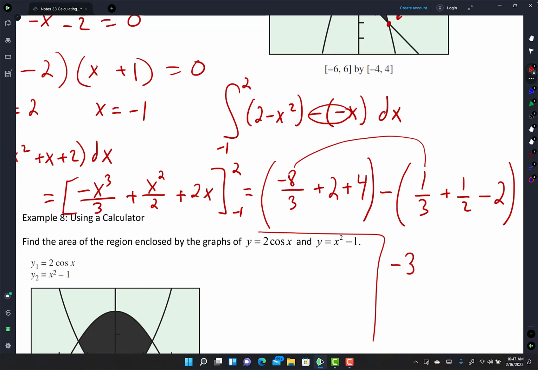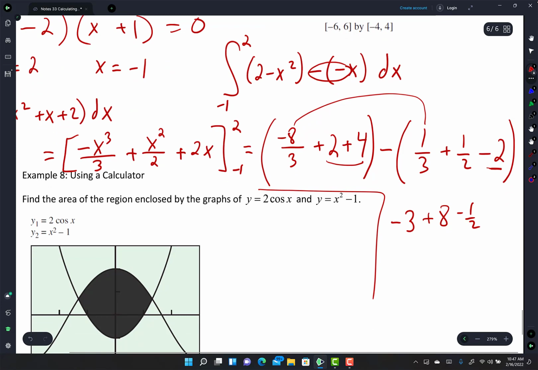And then 4 plus 2 is 6, plus another 2, 8, when you distribute that negative. Oh, but I still haven't done the half there, right? Minus a half. All right, so 8 and negative 3, that's 5. 5 minus a half, so 4.5. So 9 over 2. There, that's the perfect answer.